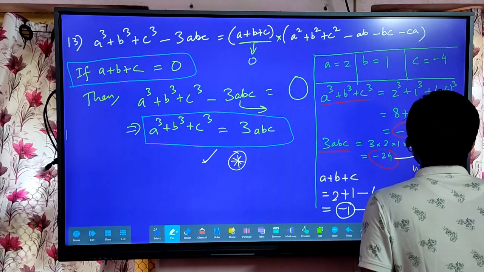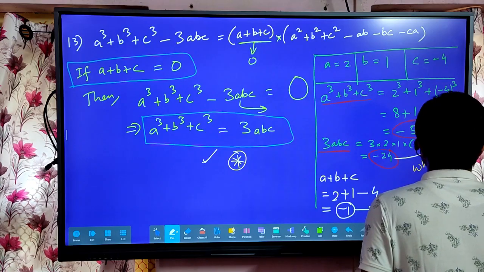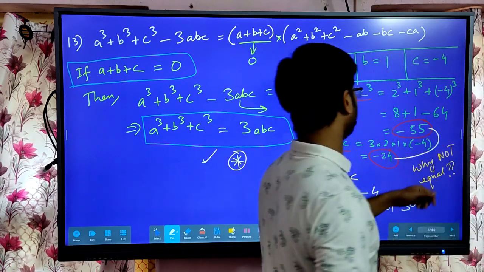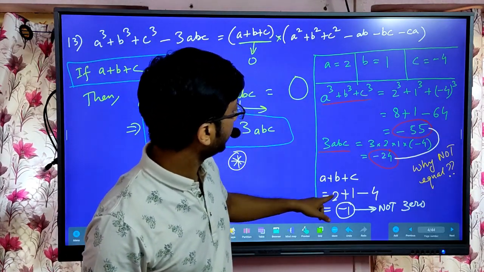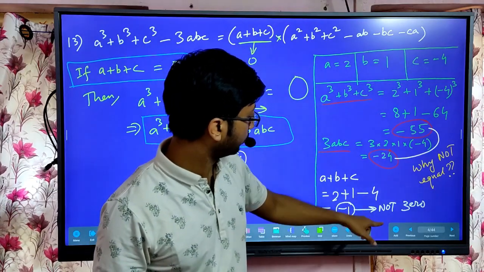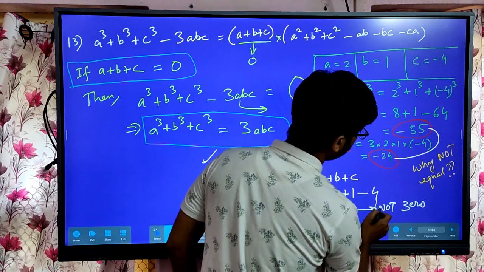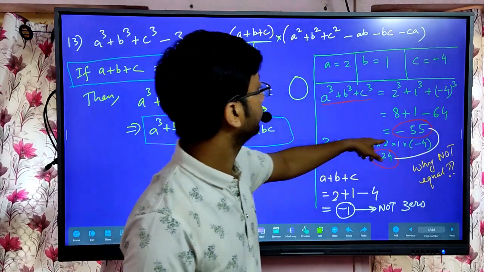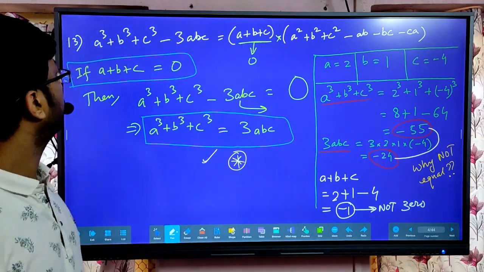So why are they not equal? They are not equal because if you do a plus b plus c, a is 2, b is 1, c is minus 4, so 2 plus 1 minus 4 will be equal to minus 1, not 0. Since it is not equal to 0, these two things will not be equal.